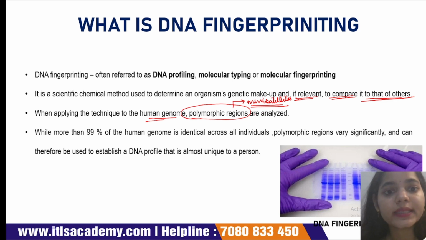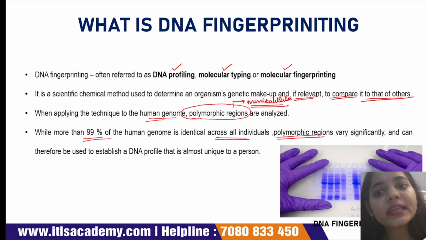DNA fingerprinting is also known as DNA profiling, molecular typing and molecular fingerprinting. More than 99% of the human genome is identical across all individuals. Only this polymorphic region varies.